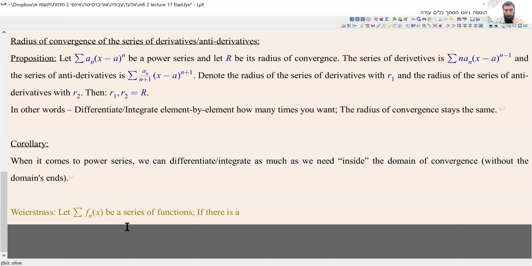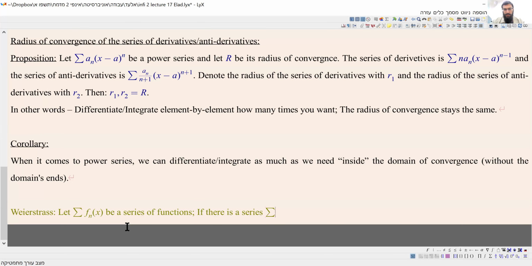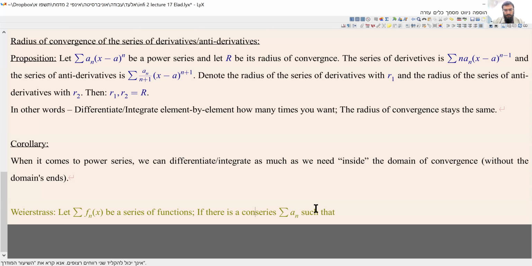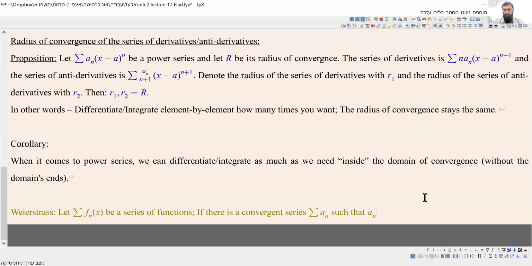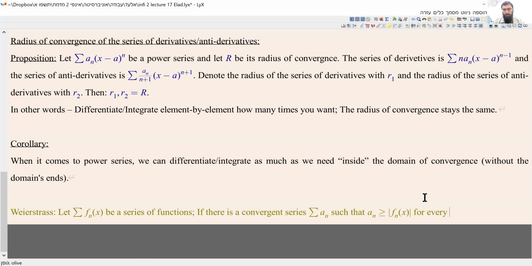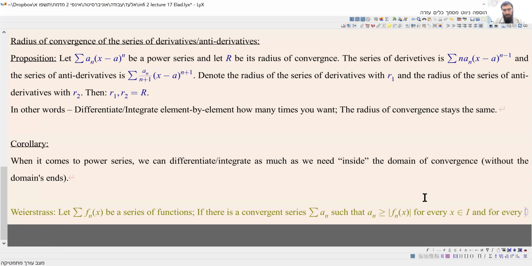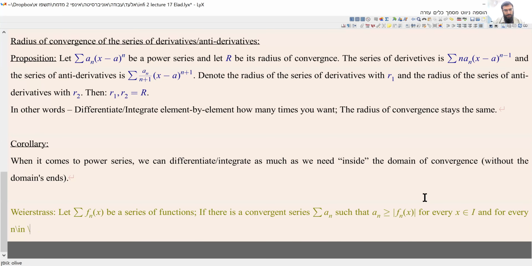There is a series of numbers, a convergent series a_n, such that a_n is greater or equal to the absolute value of f_n(x) for every x in I, and for every n natural number, index.